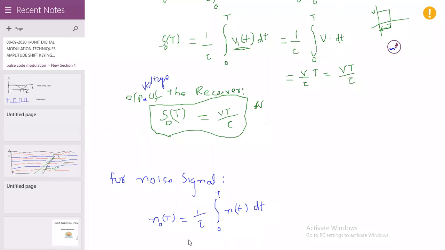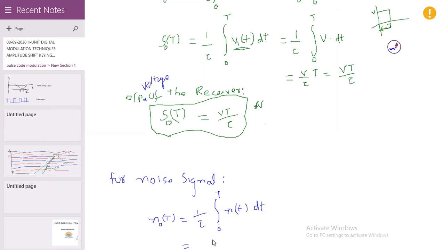Remember this. In the 7th chapter of Taub and Schilling, the mathematical representation of noise, Gaussian noise is passed through the integrator, and the output of that integrator is derived in that chapter.